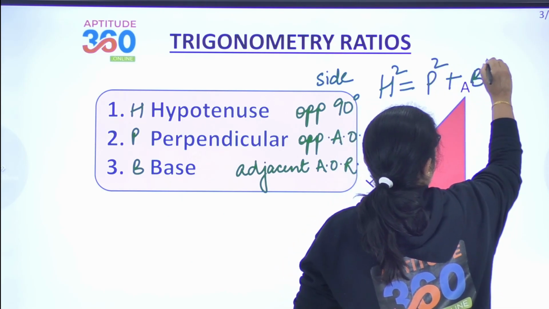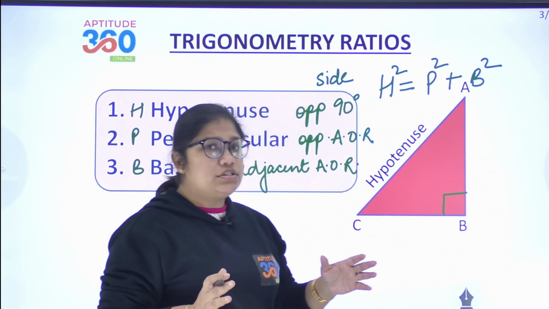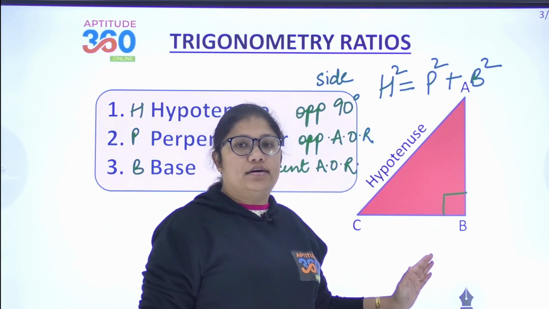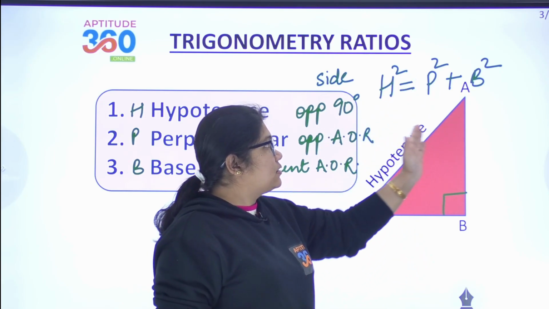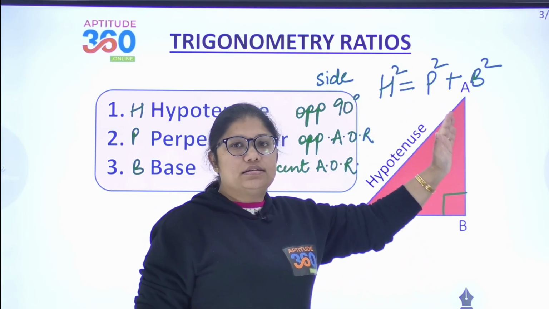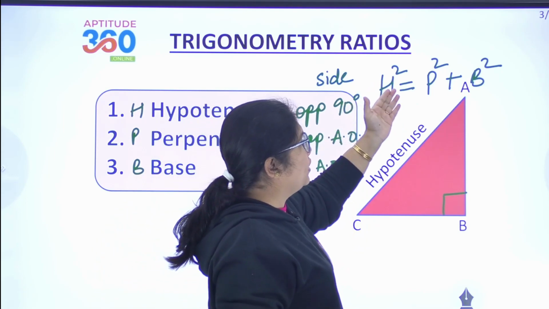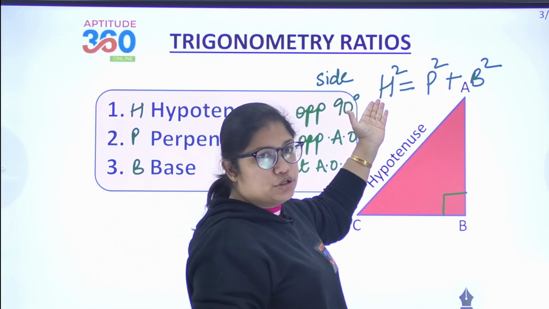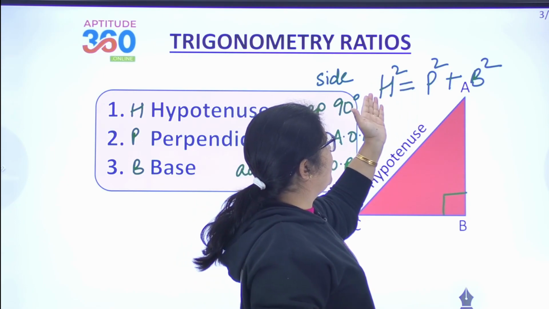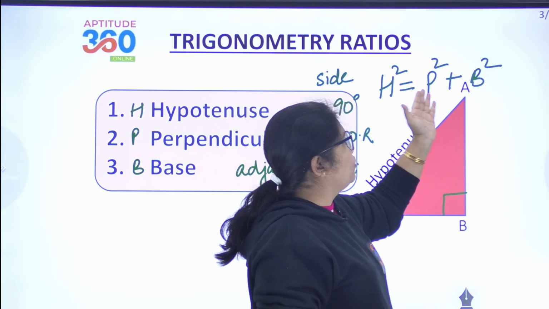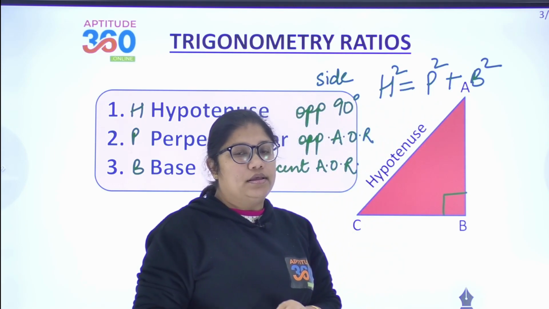So that means if you know any two sides of the right angle triangle, then you will be able to find the third side, because there is a clear relationship between the three sides. If you know the perpendicular and base, then you can find the hypotenuse. If you know the perpendicular and hypotenuse, then you can find the base. If you know the hypotenuse and base, then you can find the perpendicular, right?